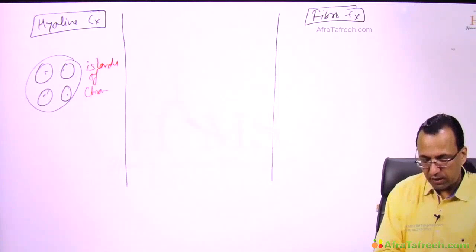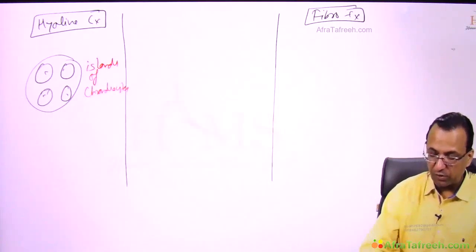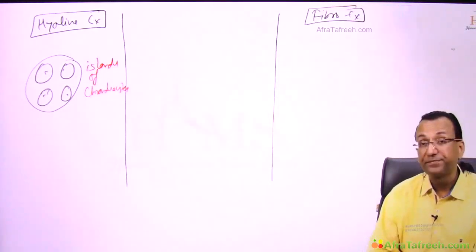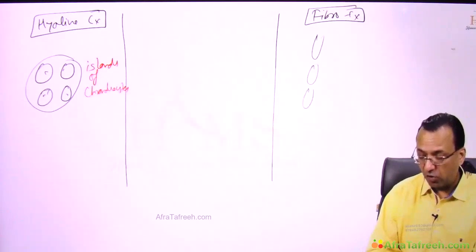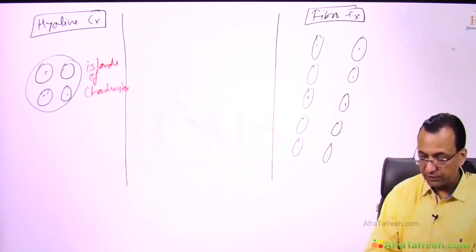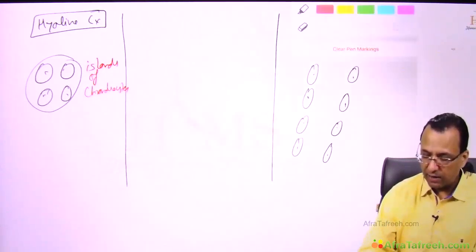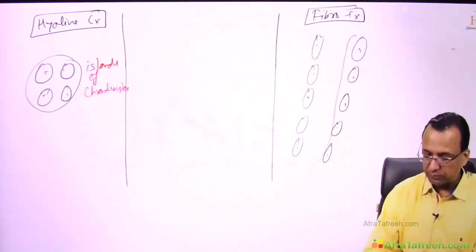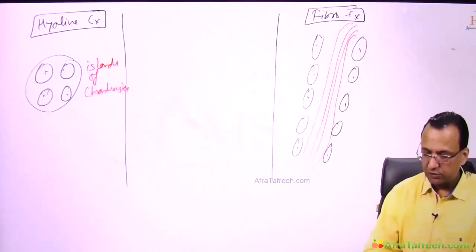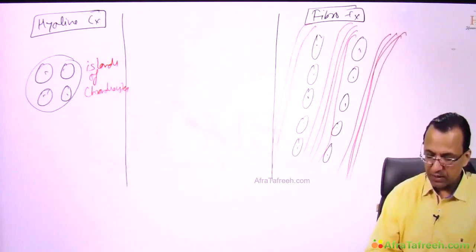What is there in the fibrocartilage? Rows of chondrocytes running one after the other, alternated by bundles of collagen fibers. Yes, that is the point.